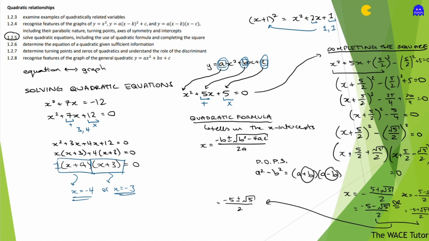And you can see that these two equations are the same as these. And so through both completing the square and using the quadratic formula, we're able to factorize quadratics that are less easily factorizable.